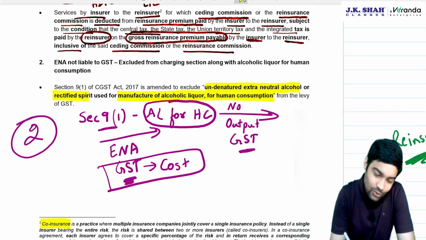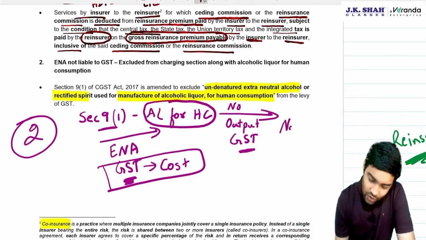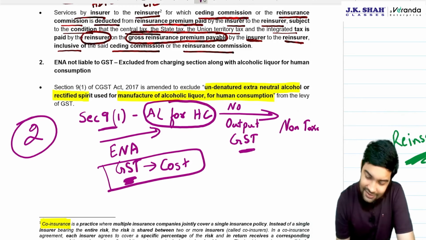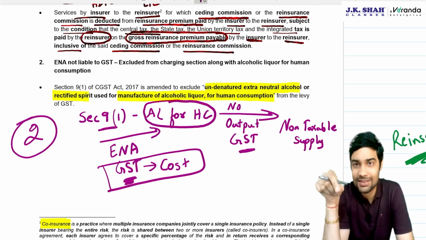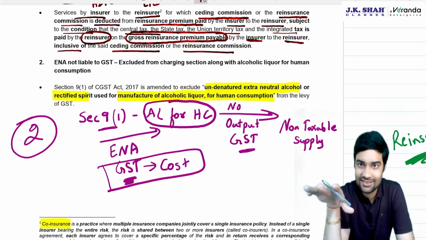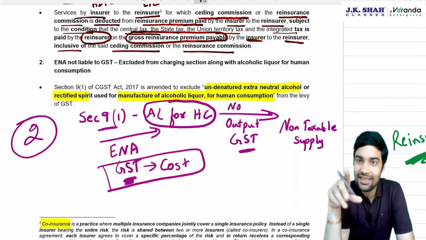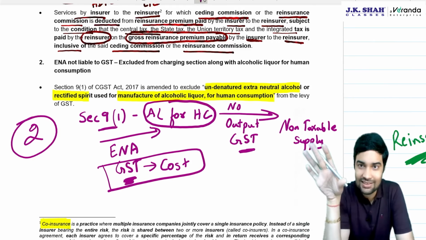So you know a term called non-taxable supply. Non-taxable supplies are supplies which are not leviable to GST. This non-taxable supply earlier had 6 products: 5 petroleum products, 1 alcoholic liquor for human consumption.